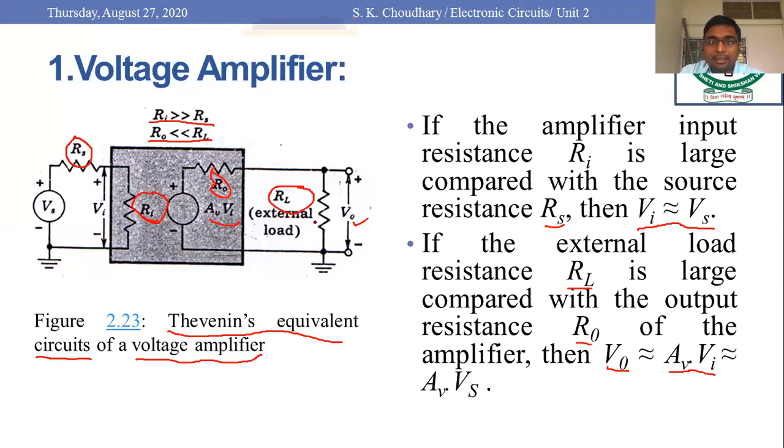There is a negligible amount of voltage drop, so V0 would be equivalent to AVVI. And we know that Vi is equivalent to Vs. So the relationship shows V0 is equivalent to AVVI, that is equivalent to AVVs.